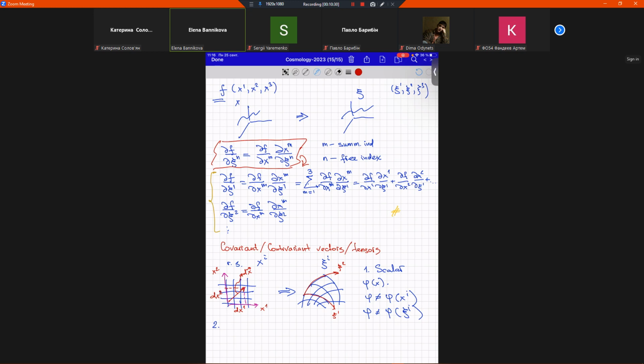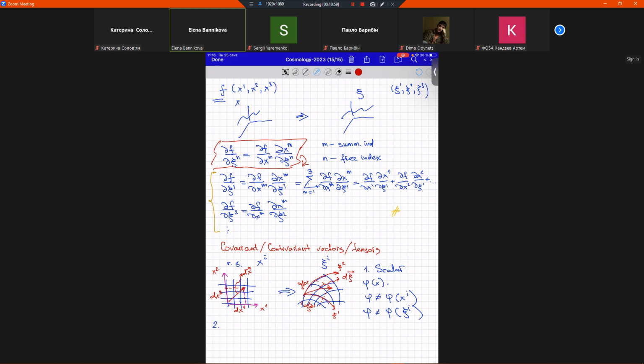And the vector will, for example, look like this. So it will be already different coordinates: dx'1, dx'2. And this vector dx vector.